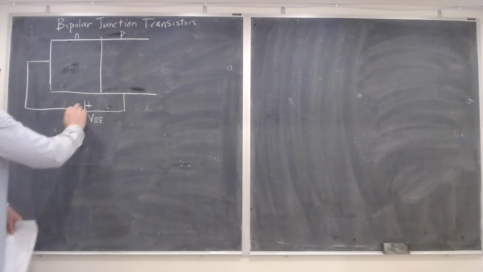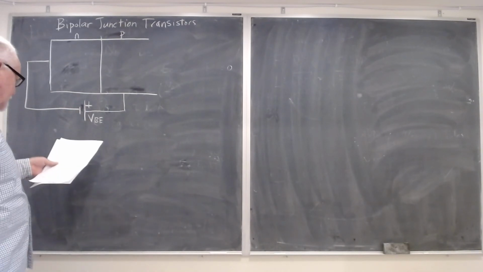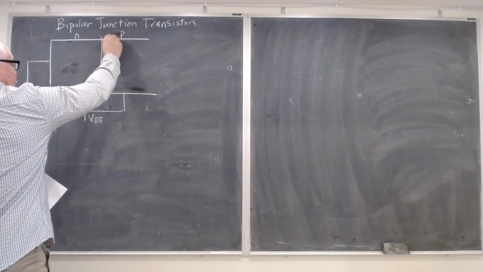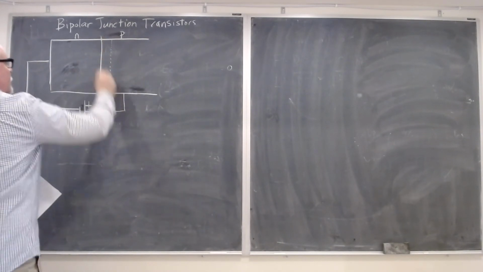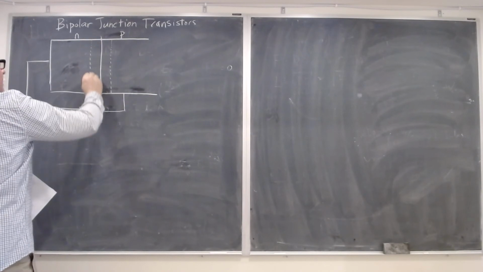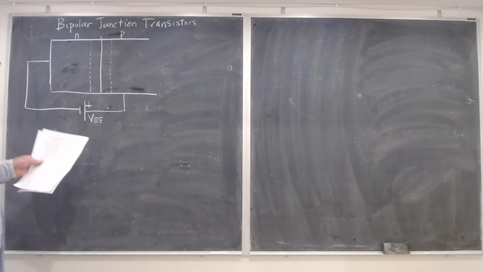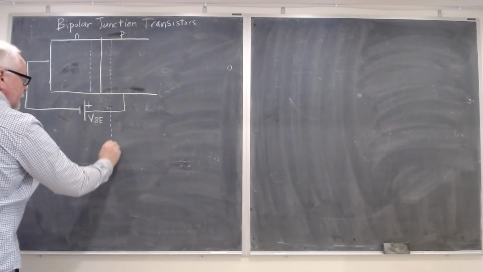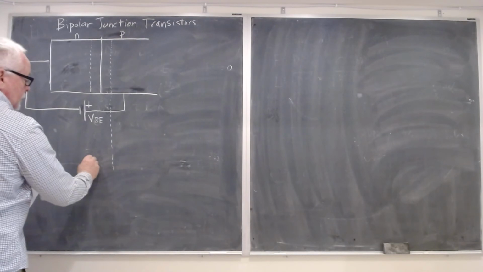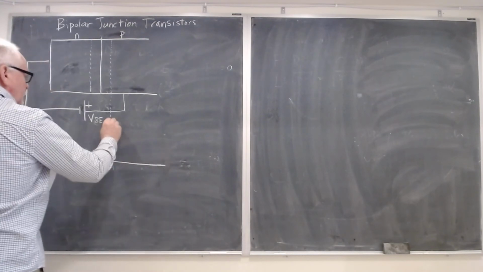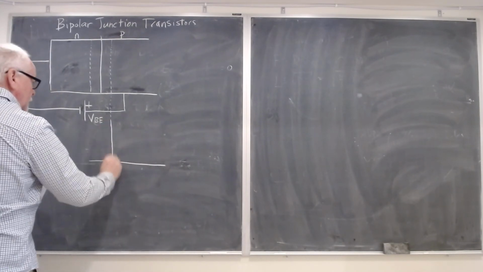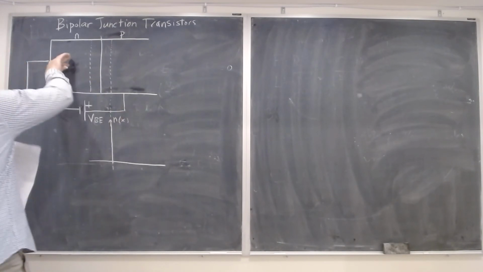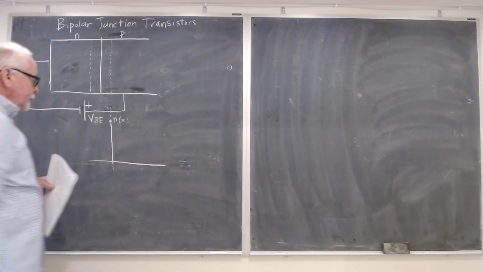All right, now, you guys know what happens. Since it's a diode, I have a depletion region on both sides. If I extend this downward here, now it's N of X, because we're injecting electrons from the N side to the P side.